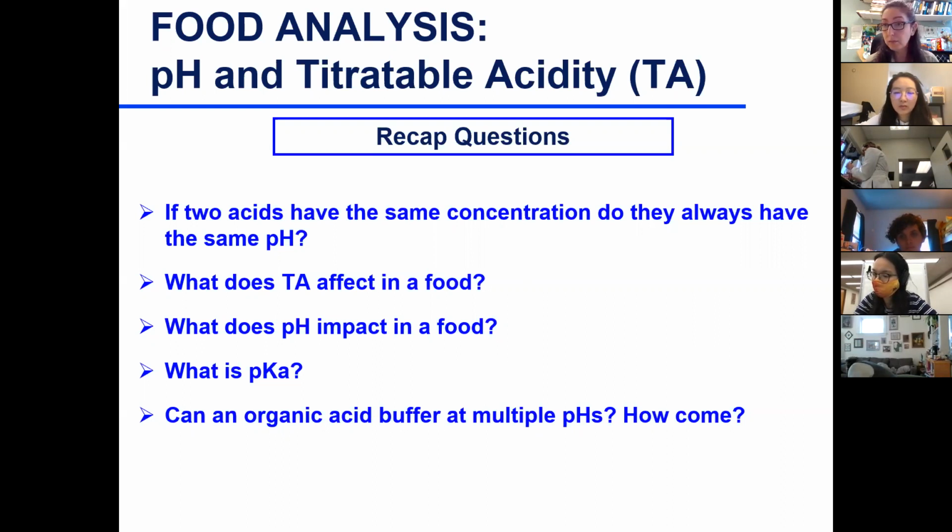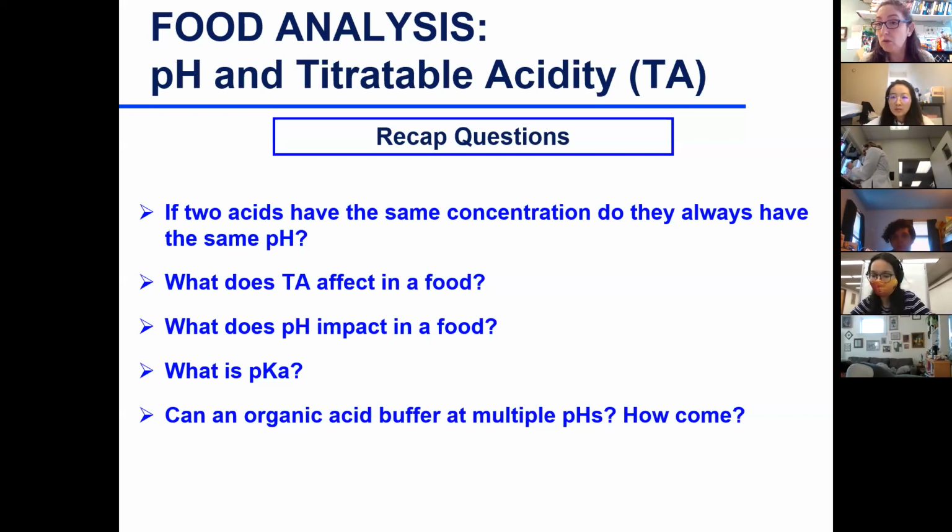So if they have multiple ones, they have multiple dissociation factors, therefore they have multiple pKa's. This means they can buffer at multiple pHs. So at different pHs, you might get pH equals pKa, and then you get a high buffering capacity. And at another pH that equals the second carboxyl group pKa, you get buffering at that pH, and so on.